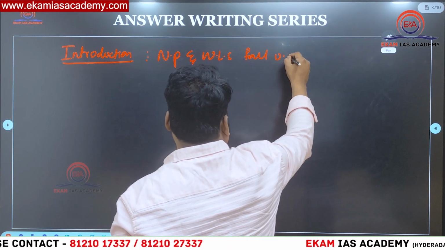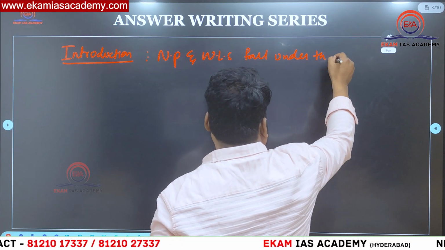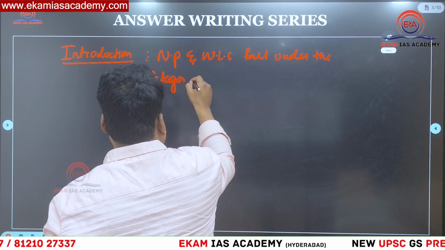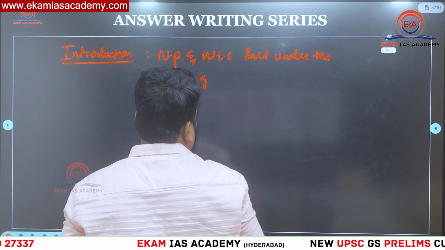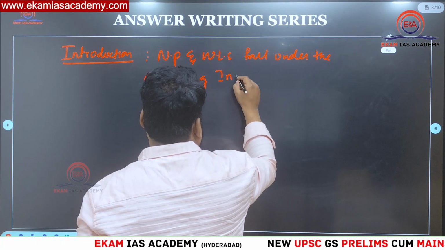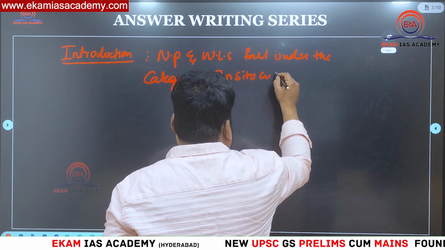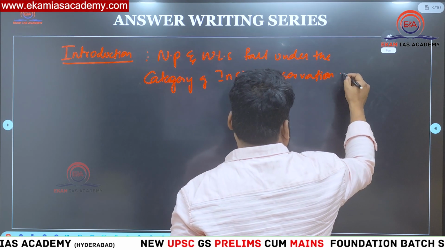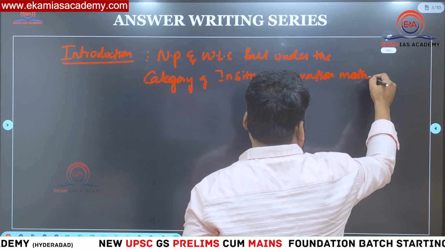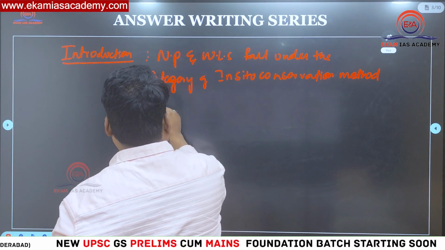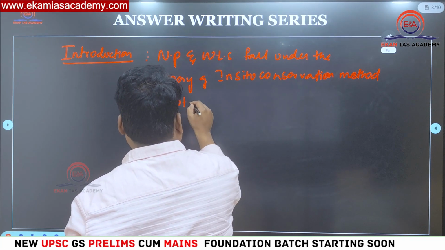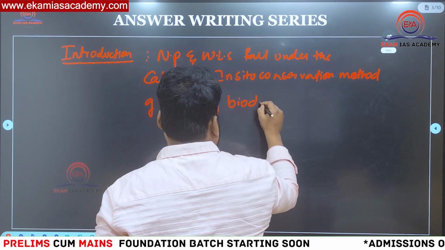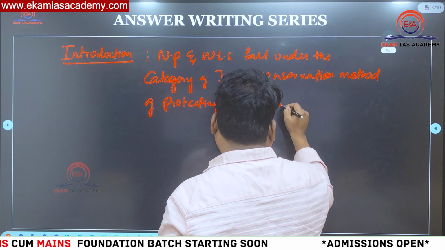National parks and wildlife sanctuaries fall under the category of in situ conservation method of protecting biodiversity.